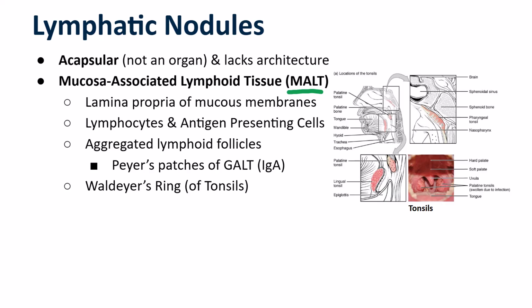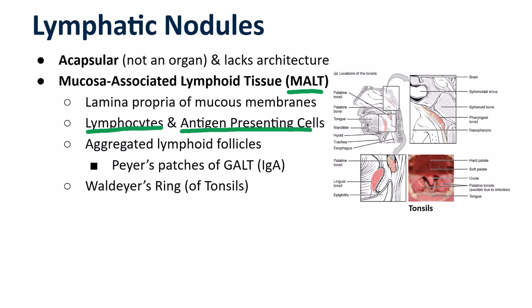So MALT typically is in very close association with the lamina propria of mucous membranes. That's the portion of the epithelial membrane which is anchoring the epithelial cells. And within MALT, we find copious amounts of lymphocytes and antigen-presenting cells.